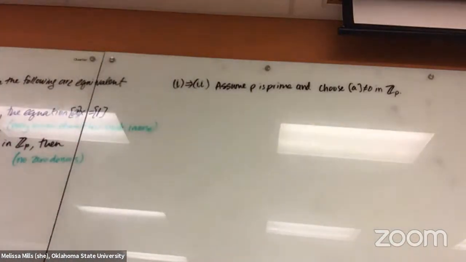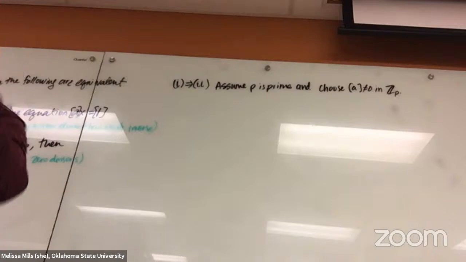So how can we get traction on this? Well, I know that A is some non-zero element of Z mod P. So I can write it in terms of elements in Z and use the mod.